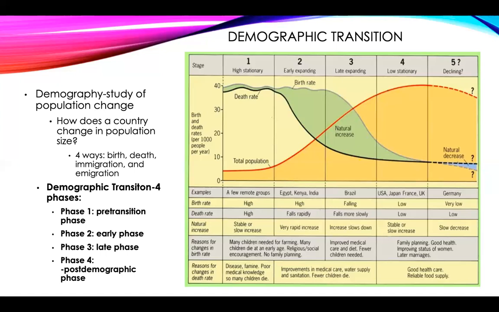Then we get to what's called low stationary. So kind of like high stationary, it's now stable, but instead of it being high, it's low. And that's because the birth rate is low, and the death rate is low. So population is largely stable. Birth rate is low because of family planning, because of availability of birth control, and because of reproductive technologies that allow people to make decisions about when and how many children they would like to have.